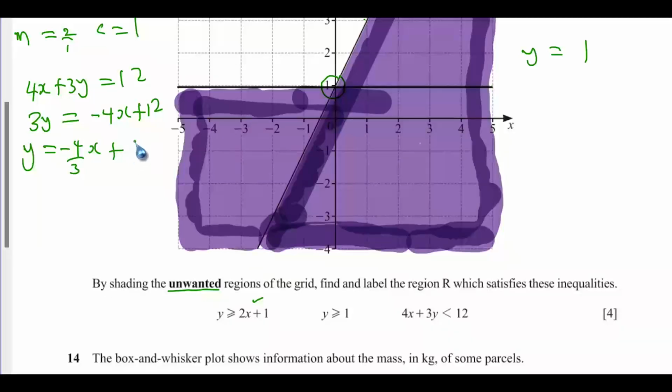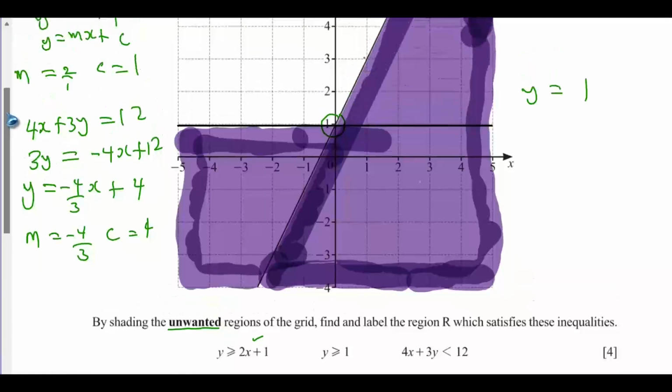That will be 4. When you compare this with the general equation of a straight line, you see that the gradient m equals to negative 4 over 3 and the intercept on the y-axis is equals to positive 4. So the gradient tells us to come down 4 times and move forward 3 times. Let's do that now. Let's go to the grid.